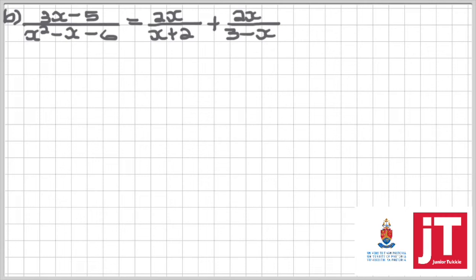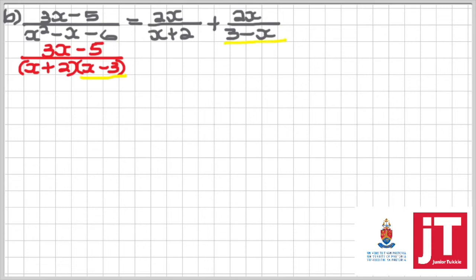Also, if you look at the 3 minus x, I'm going to apply a sign change there, but I'll explain that as we move along. So the first thing that I'm going to do is just to simplify, and I'm going to get (3x minus 5) over (x plus 2)(x minus 3). Now that I've just done that, you should realize that the x minus 3 is almost similar to that 3 minus x.